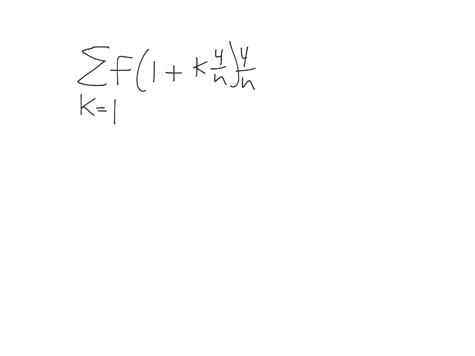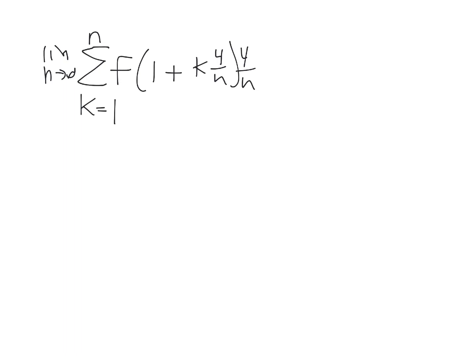I don't know that it would be any more wrong to start with k equals 0, but the formal thing is k equals 1, and I think we can get away with that because remember we're going to let n go to infinity, right? So 4 divided by a big number is 0, basically. So I think we're okay with k equals 1. And then we're going to let it go to n, and then we're going to take the limit as n goes to infinity. There, I think that'll take care of it.